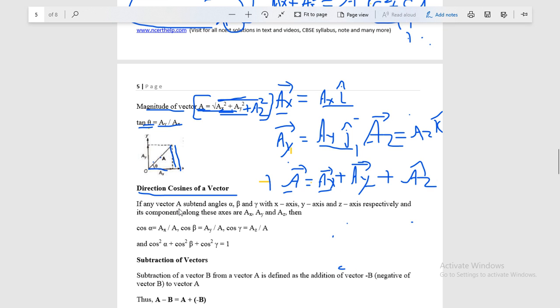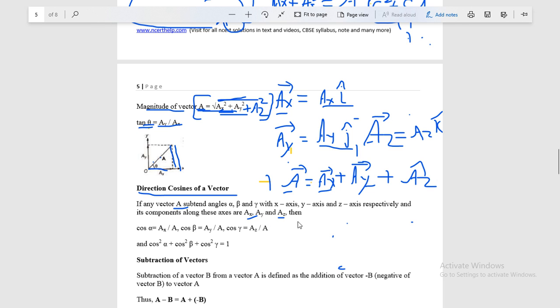If any vector a subtends angles alpha, beta and gamma with the x axis, y axis and z axis respectively, and its components are ax, ay and az, it means the vector a subtends an angle alpha from the x axis, beta from the y axis and gamma from the z axis, and its components along the x axis is ax, along the y axis is ay and along the z axis is az.